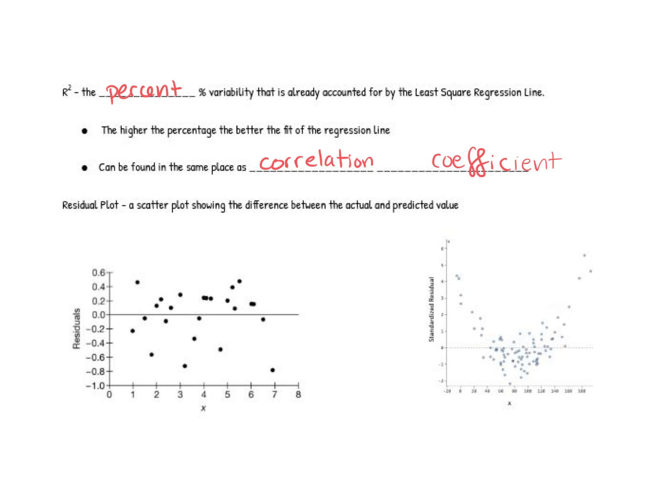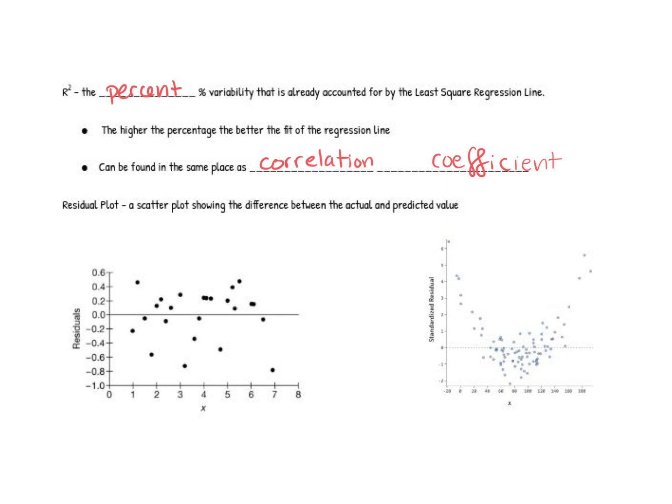And that R squared is how much is already accounted for when that least square regression line is created. So the higher the percentage, the better fit of the regression line. This can be found in the same place as the correlation coefficient. You'll see when you look up that R, you'll see R squared right above it or below it.